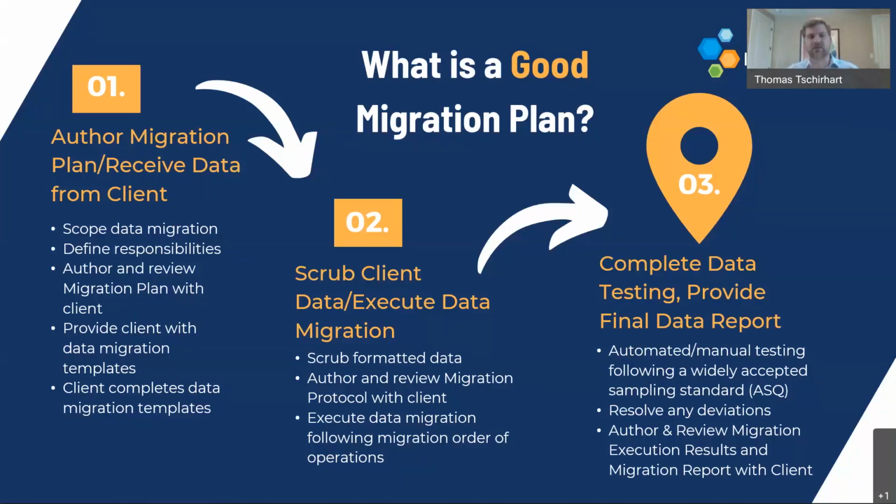We need to get the company the data to execute the data migration. Is there a particular format that the data needs to be provided in? Have we internally identified the people who are responsible for retrieving that data from our legacy system? Do they know how to go about retrieving that data?